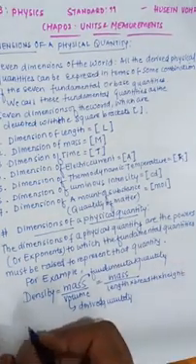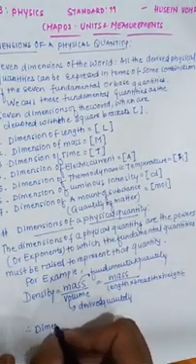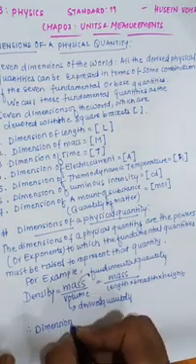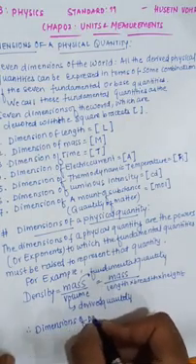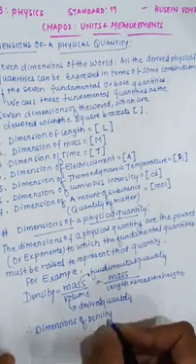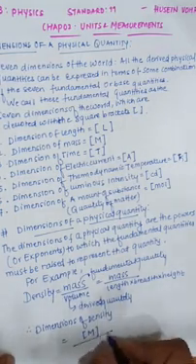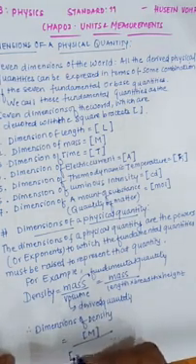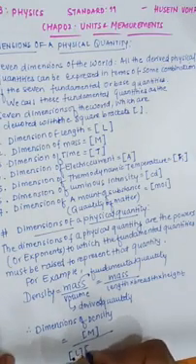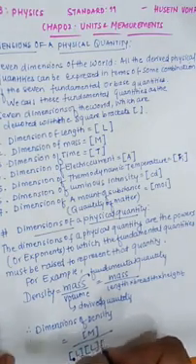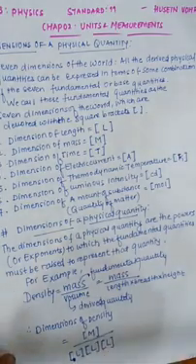So dimensions of density are given by: for mass you write capital M, for length you write L, for breadth L, for height L. All are units of length only.